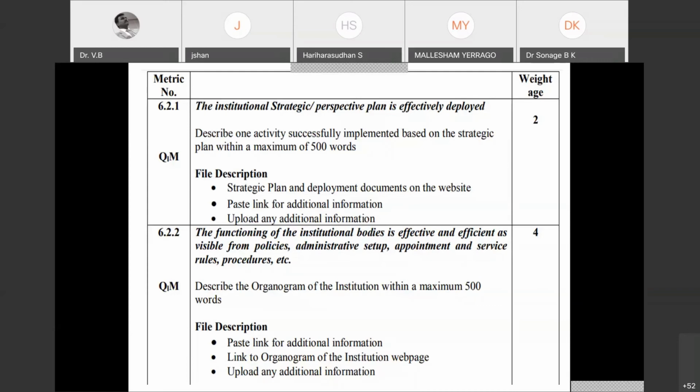Once you have these institutional bodies, then the link that you will be giving over here is the setup and members list of that particular committee, the appointment orders that had been issued to the members, appointing them as members of that committee, and then the book that shows the procedure and the rules and regulations that govern the functioning of that committee.